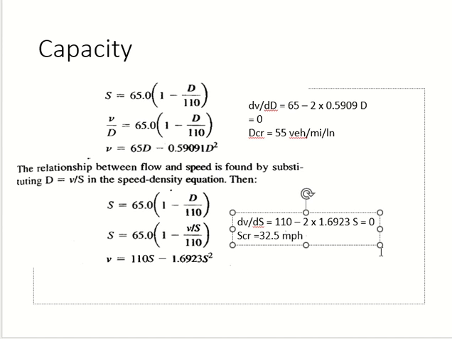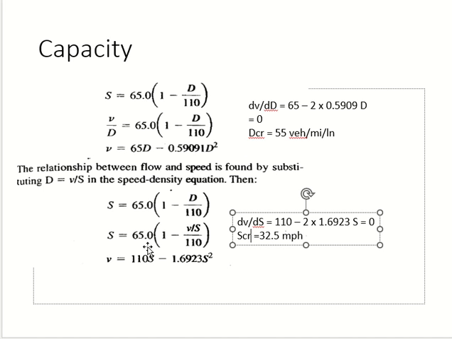You have three equations by which you can do it. You have the one between flow and density. You know when flow is maximum, density is 55. You can use the equation between flow and speed as well, because when flow is maximum, the speed is 32.5. So either you put the critical density or the critical speed, and the flow will be capacity.